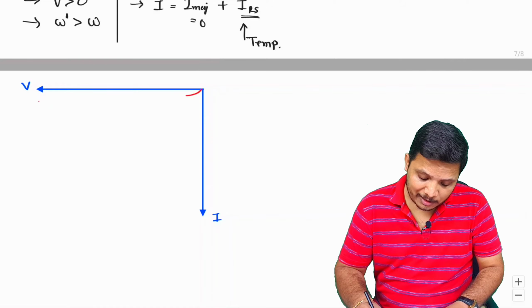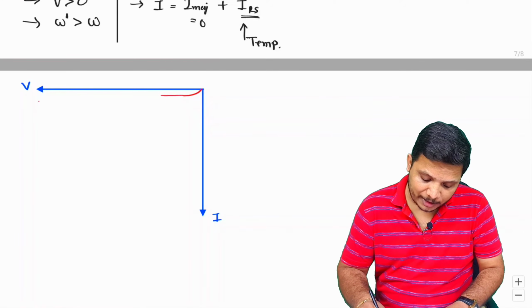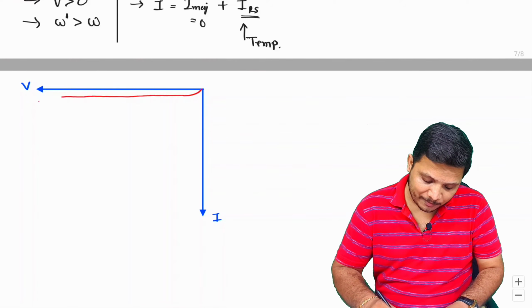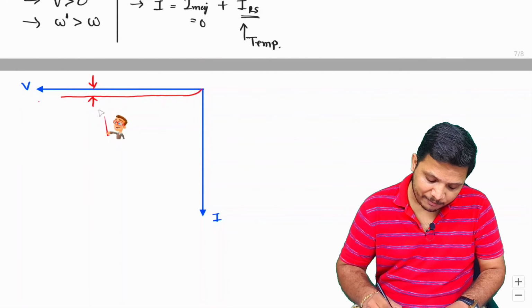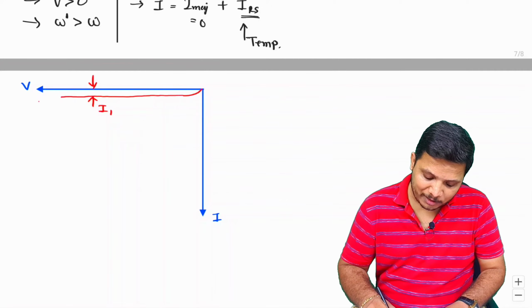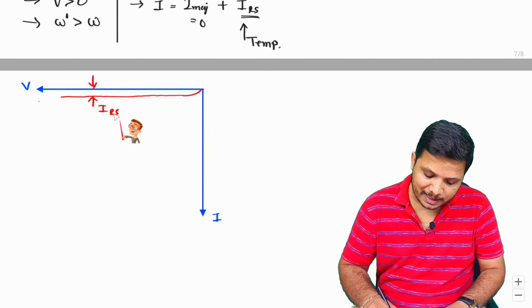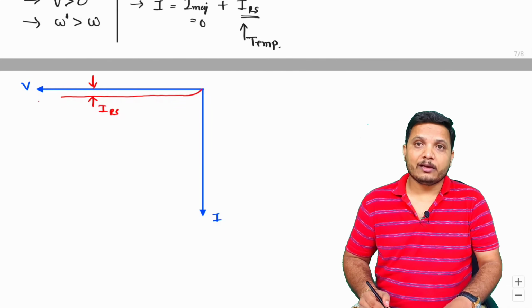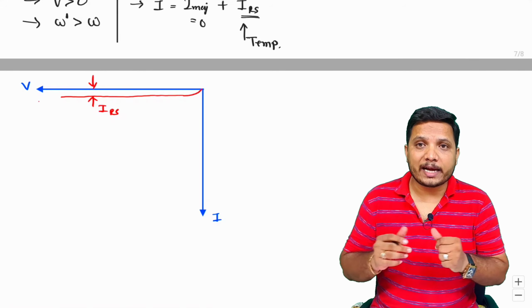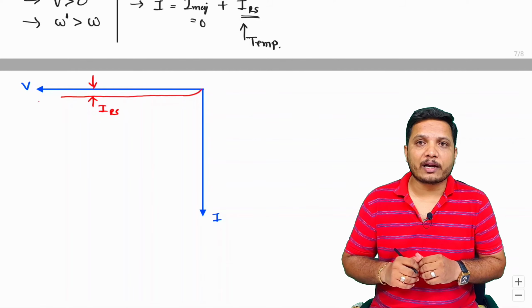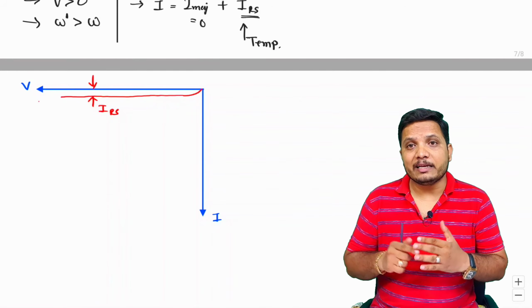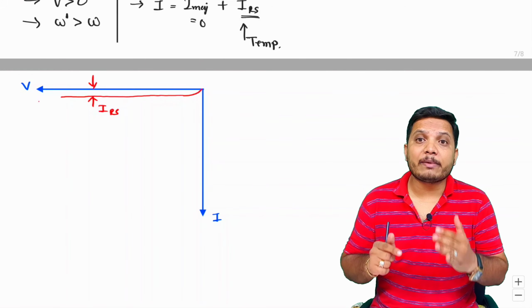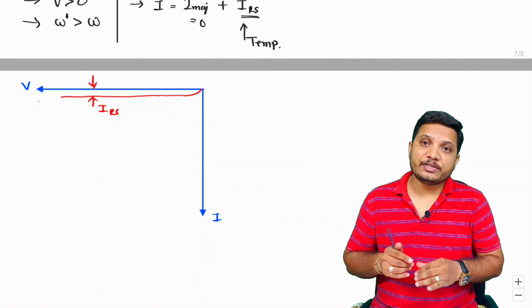Now what will happen when you increase the reverse bias voltage? In reverse bias, current flows due to minority carriers only, right? So you will observe this much amount of current flowing due to minority carriers, or one can say this current is the reverse saturation current. And once there is a breakdown, there will be a high amount of current flow. But because of breakdown, there is a possibility of permanent defect in the PN junction.